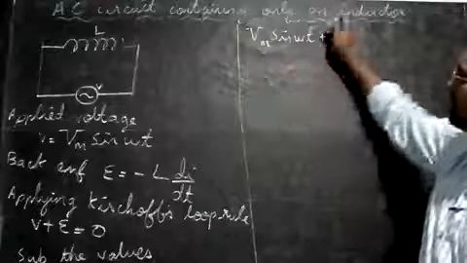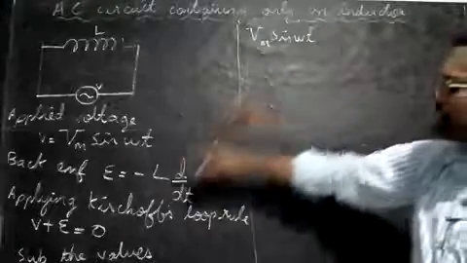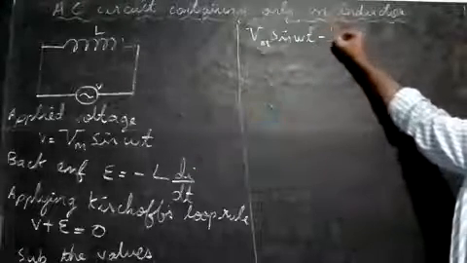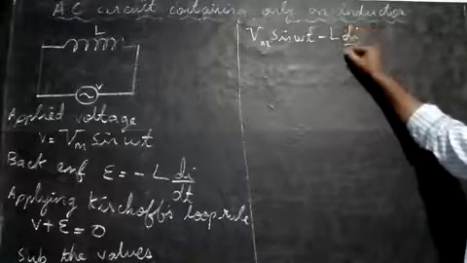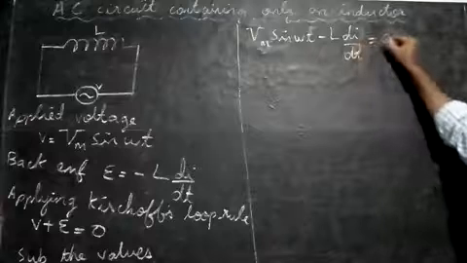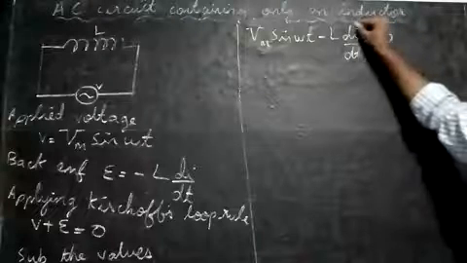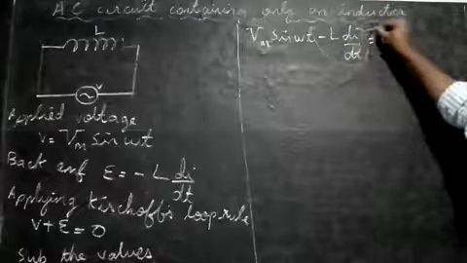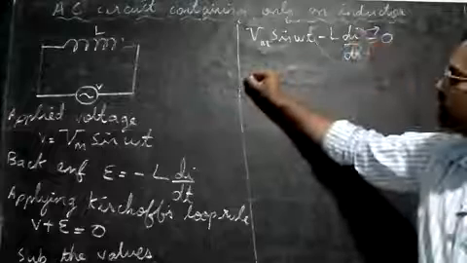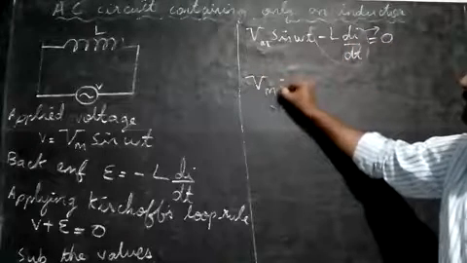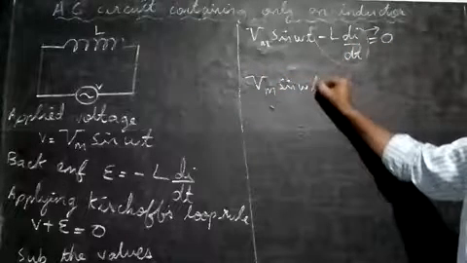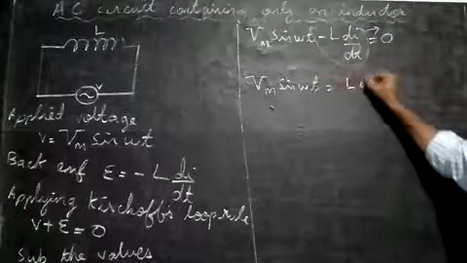We write minus L into di by dt equal to 0. Now we take this minus L into di by dt to the right side, and it becomes plus. So we get Vm sine omega t is equal to L into di by dt.